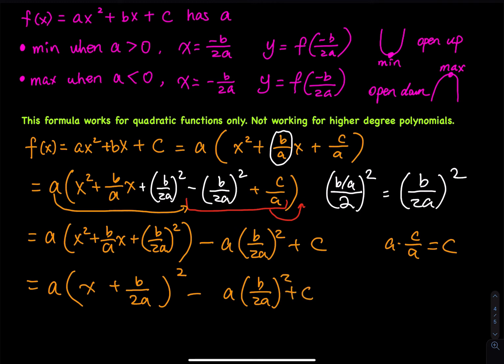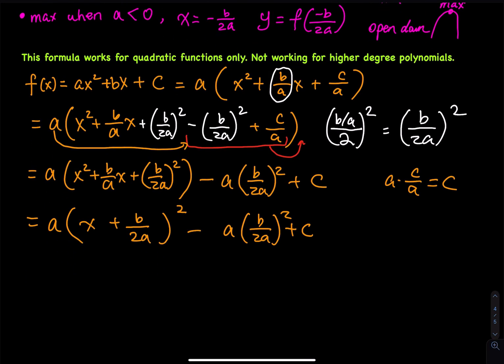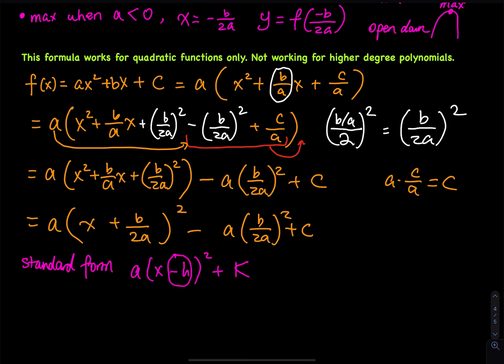Okay, and then what is next? The next step is we have to recall the standard form. What is the standard form? The standard form is a times x minus h squared plus k, right? So what is h? h is right here. Now, is h equal to b divided by 2a? Compare the sign.